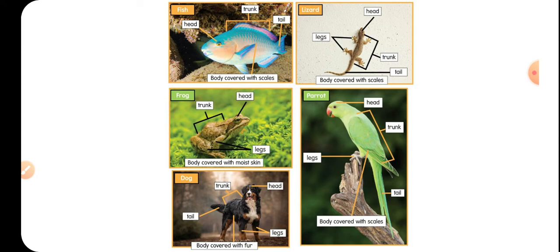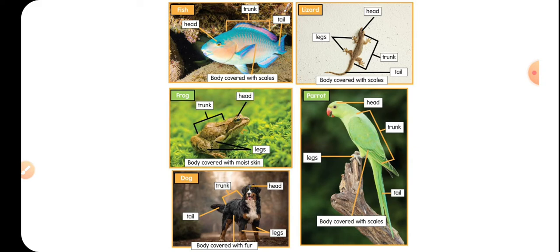Very easy. You can get all these pictures anywhere. Parrot doesn't mean only parrot. You can collect any other bird, any other mammal. So collect any 5 pictures of these animals, paste those pictures in the white paper side of your classwork and start labeling them.